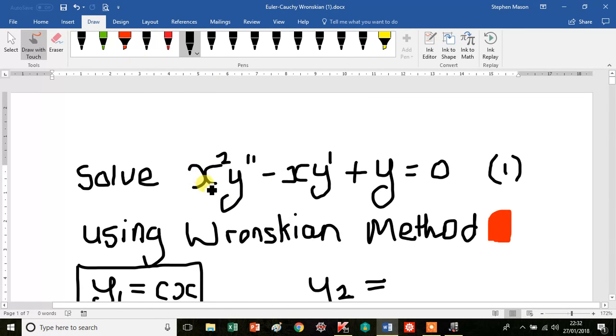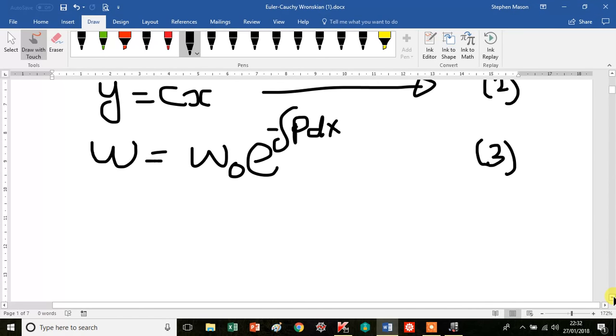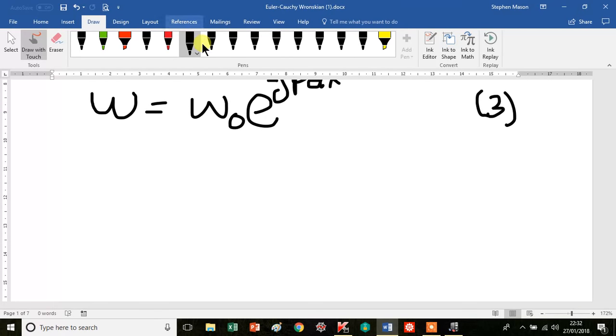Right, before I explain what each of these terms actually are, I'm going to rearrange this equation, x squared y double prime minus x y prime plus y equals 0, to get it into a form that is actually easier to manage and easier to solve. And actually, you need to do this when dealing with these kinds of linear ordinary differential equations where the coefficients are variable.